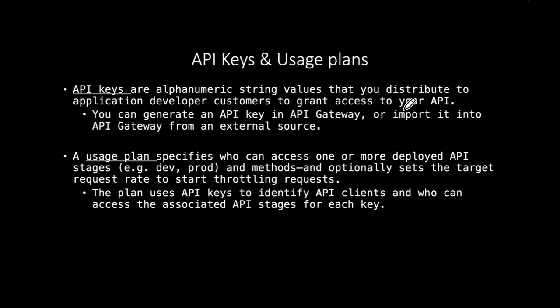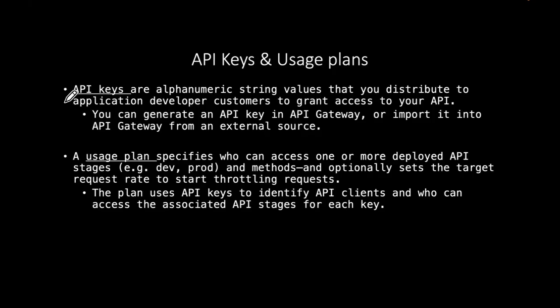You can also, by the way, import API keys. So if you've got some other service that generates them, which really doesn't apply in our case, but if you do have that kind of setup, then you can import keys into your API Gateway for a particular web API.